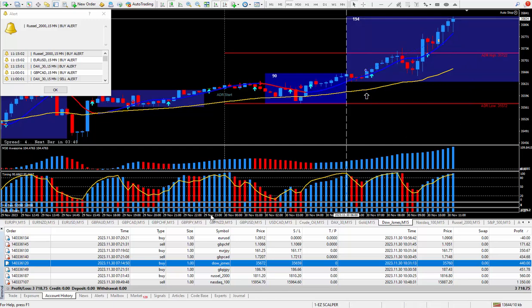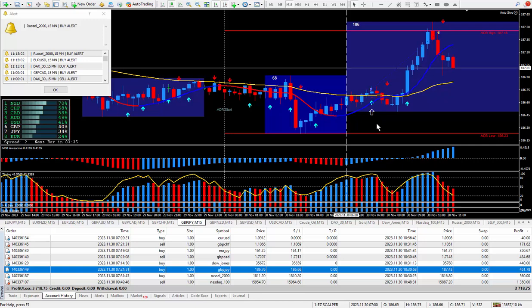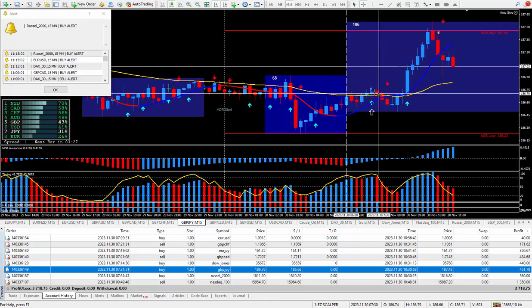Moving along to the next trade, which is the pound yen. Let's drag and drop this up. See where I got in it. Wanted to be buying it. There's the arrow from the daily trade plan. The scalper was blue. Lots of blue down at the bottom. Super signal arrows. Well, easy to make a decision to buy.